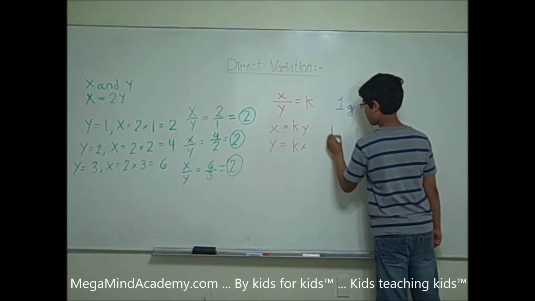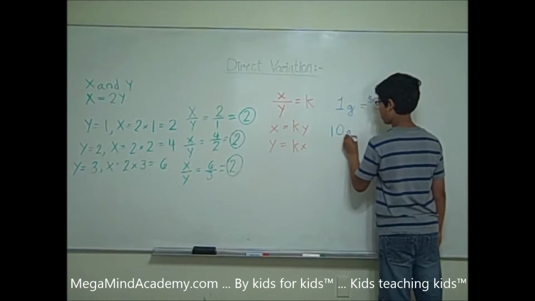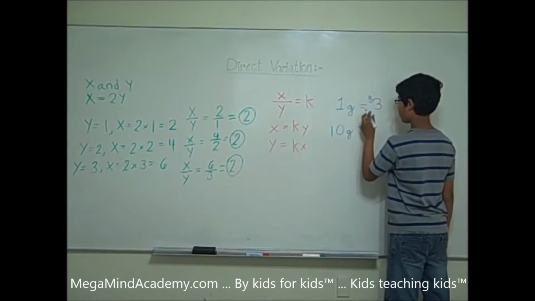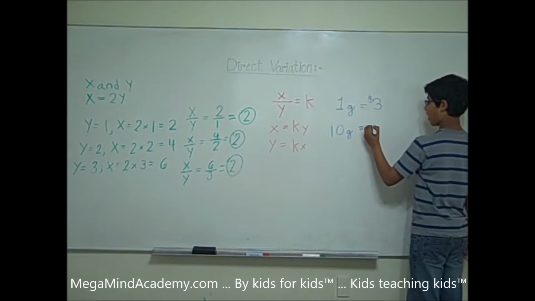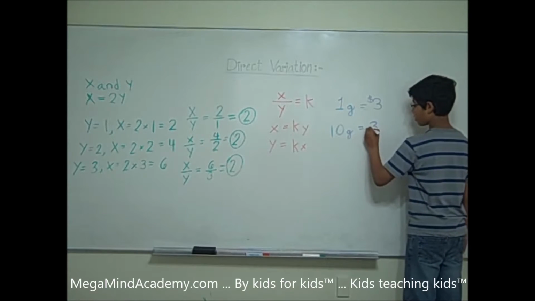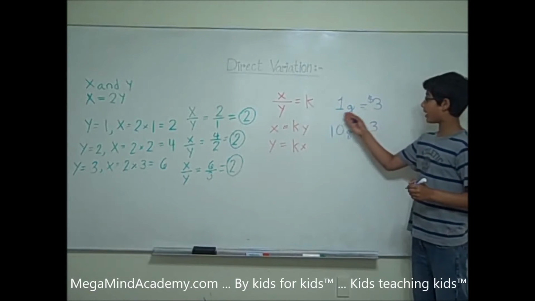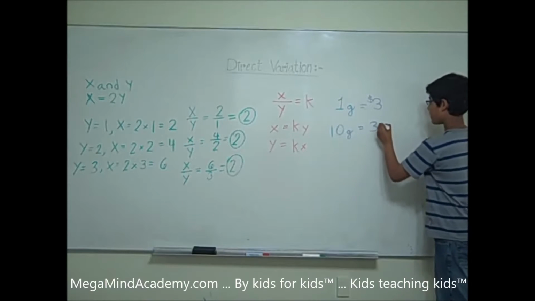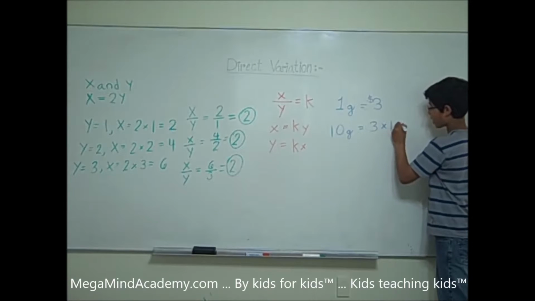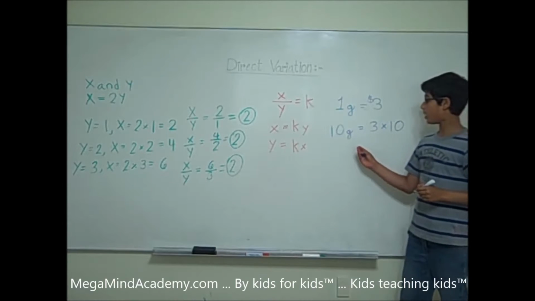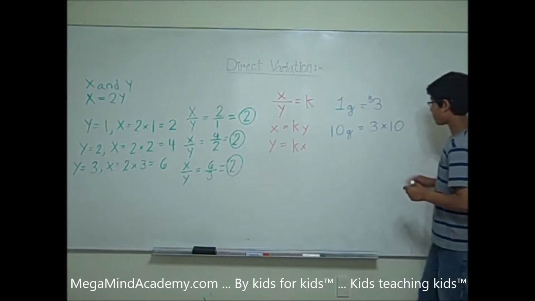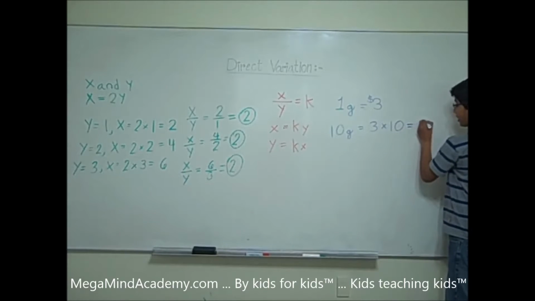How much does 10 gallons of milk cost? 10 gallons of milk costs $3, because that is how much it costs to buy 1 gallon, times 10, because we are trying to find out how much 10 gallons cost, and we get $30.